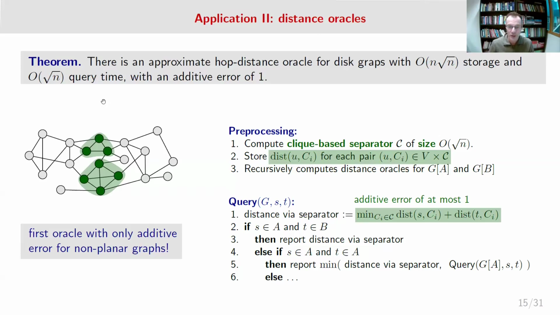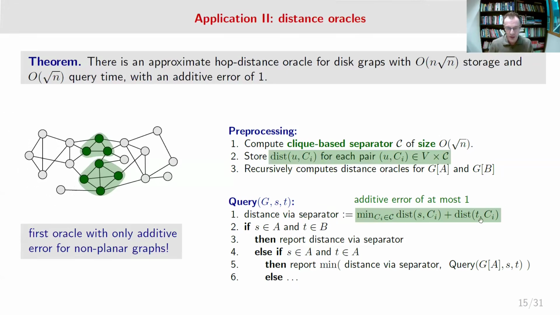No, because if you look at the recursion here, that is a recursive call where you do not go via nodes in the separator. You stay completely in this side, right? So you get a result from the recursive call, which is an exact result up to an additive error of 1 for all the paths that stay completely inside here.